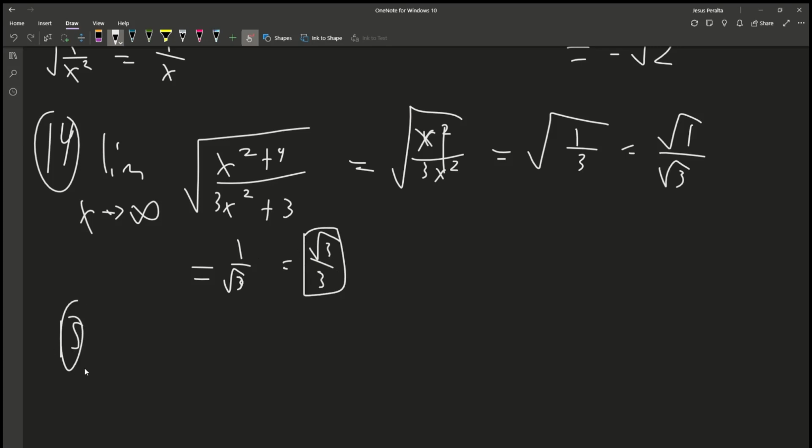Number 15, we have the limit as x approaches negative infinity, actually, of square root of 4x squared plus 3 over 2x minus 3.